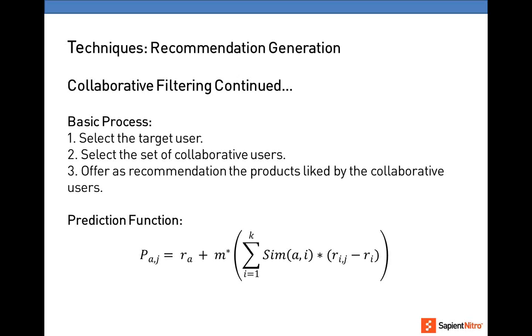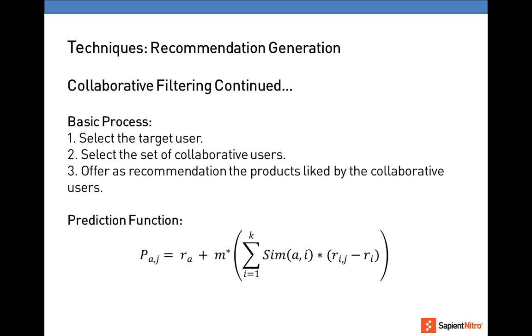That can be an offline process, and there are different algorithms or mathematical formulas available, like Euclidean distance or cosine similarity calculation, or maybe Pearson correlation coefficient. There are multiple ways you can calculate the similarity between two users. And then you can offer the recommendation of the products as liked by collaborative users or as used by collaborative users.